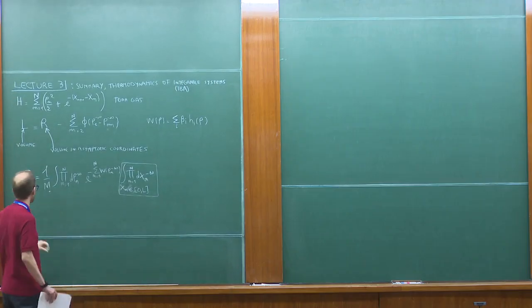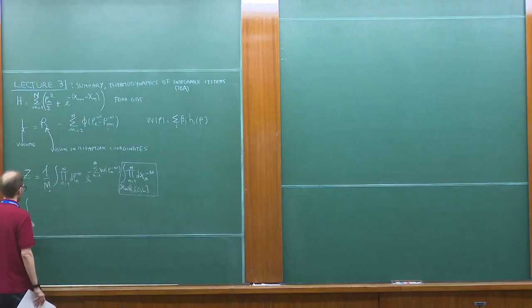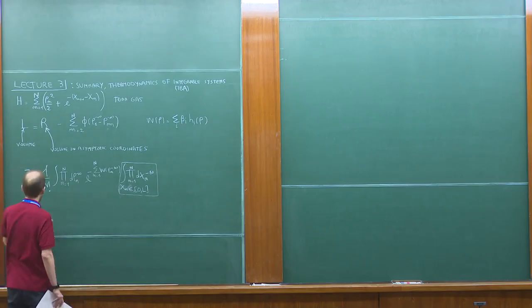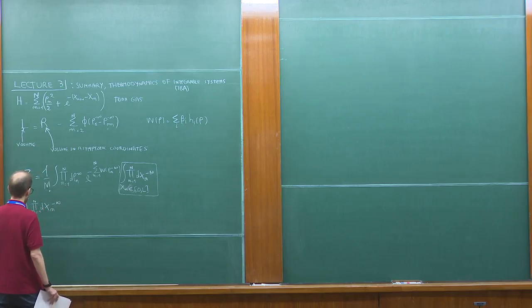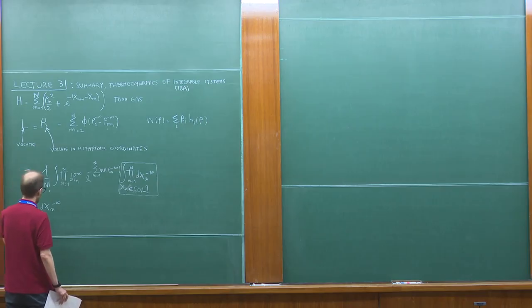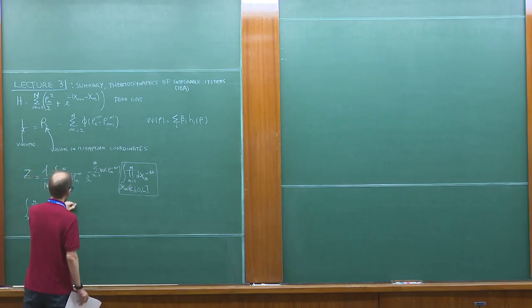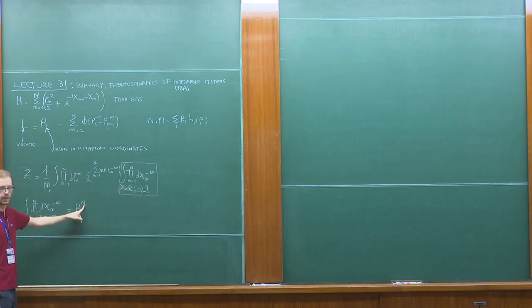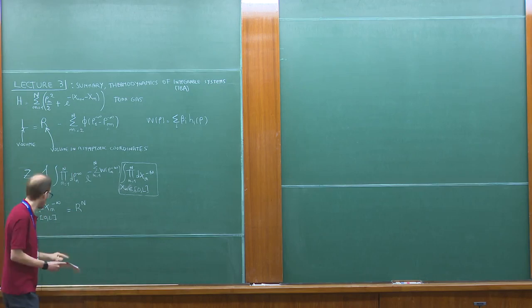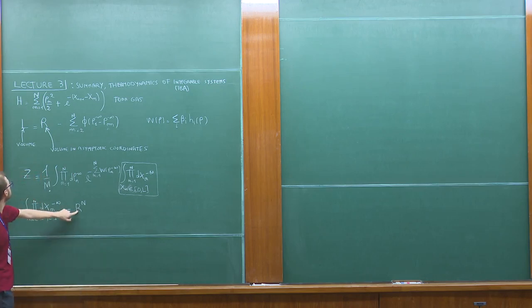So, in particular, this integral here, this one that is framed, will be equal to the volume in asymptotic coordinates to the power of the number of particles, because it's an n-fold integral running over the number of particles. And here we express this R in terms of L using this relation.